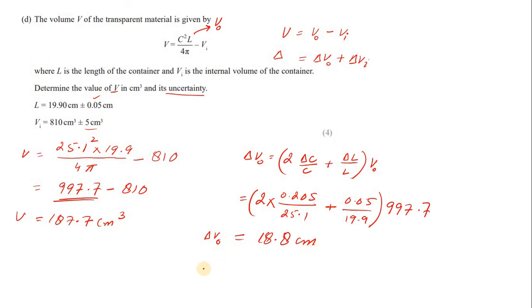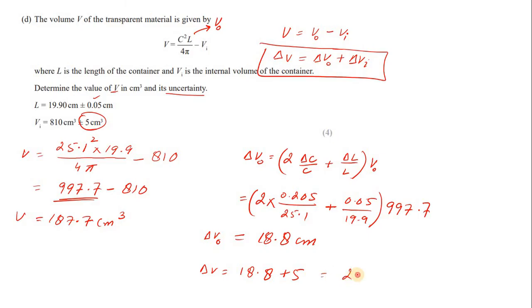centimeter cubed. Finally, delta V is equal to delta VO plus delta VI. So 18.8 plus delta VI, and delta VI is 5. And then this is 23.8.